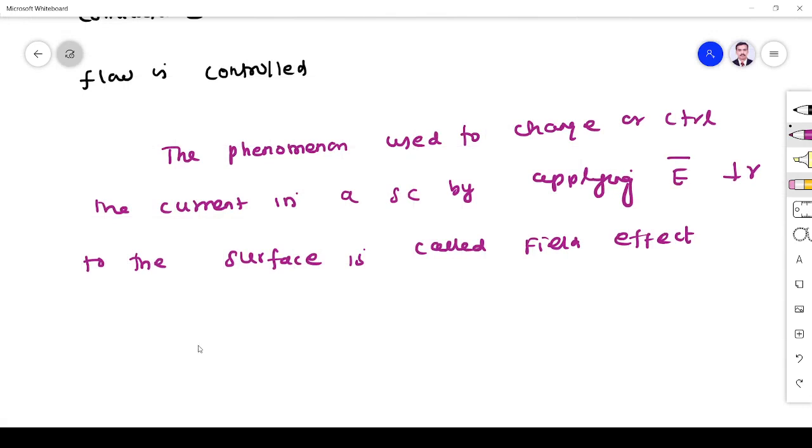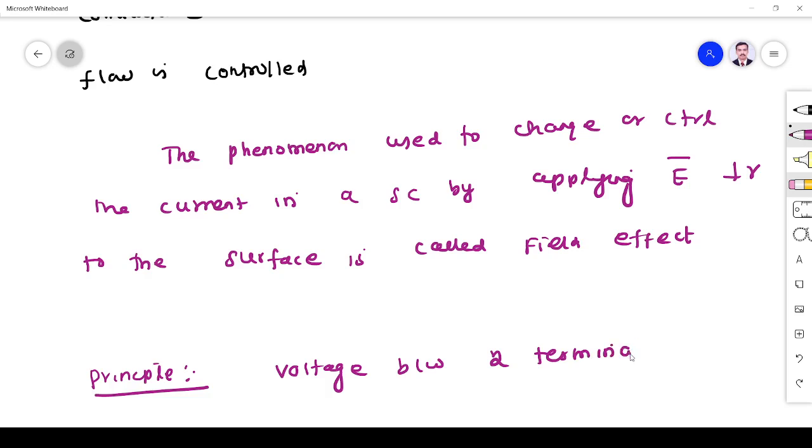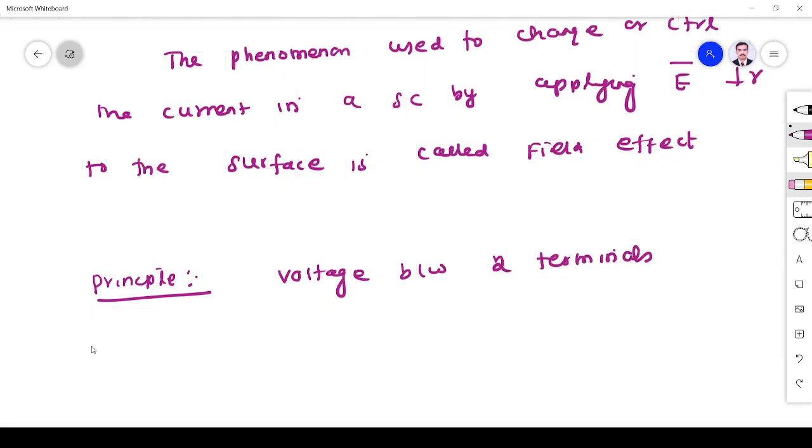So simply, the main principle of MOSFET operation is that the voltage between two terminals controls the current through the third terminal.